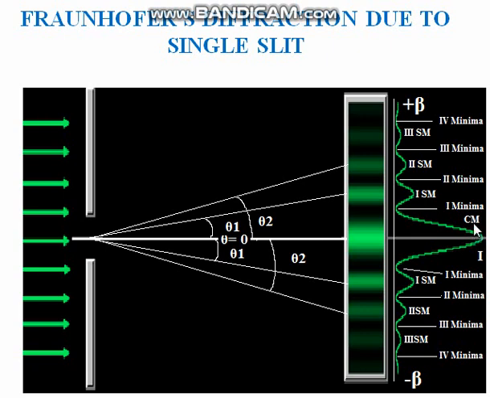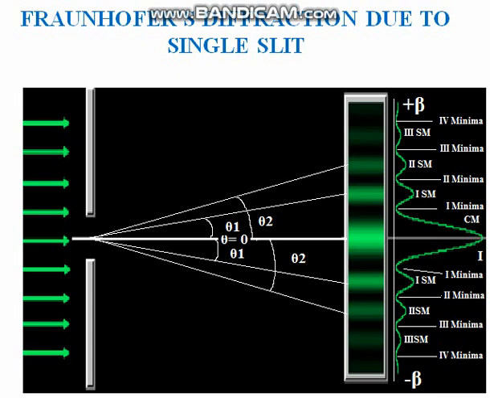Nearby the central maxima there is a minima, and then the first secondary maxima, the second minima, the second secondary maxima, third minima, third secondary maxima, the fourth minima, and so on. The graph is identical on both sides of the central maxima.